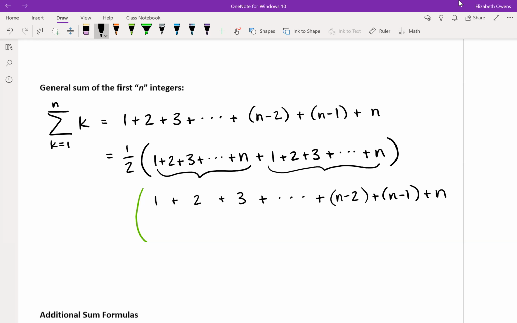And then just like little Gauss, we're going to turn around and add our second group of numbers. So plus 1, plus 2, plus 3, dot, dot, dot, up to n minus 2, plus n minus 1, plus n.